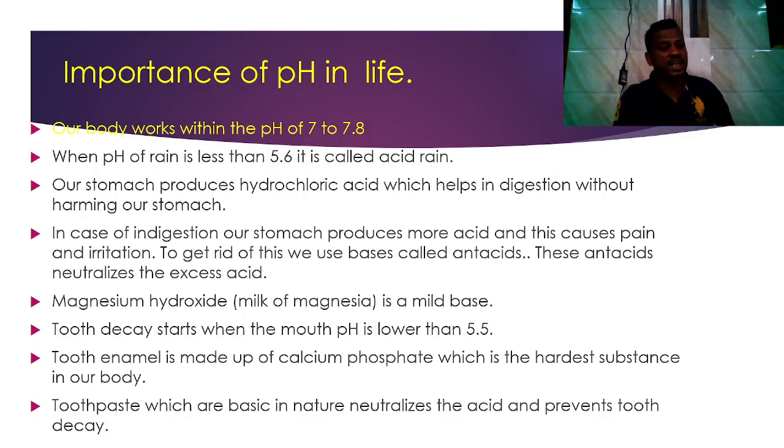Okay. Next point, the importance of pH in life. First point, our body works within the pH of 7 to 7.8. This is the human body, which works between 7 to 7.8 on the pH scale.